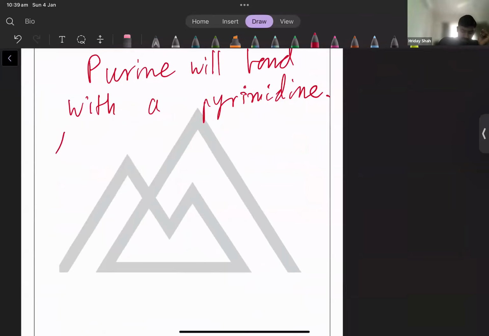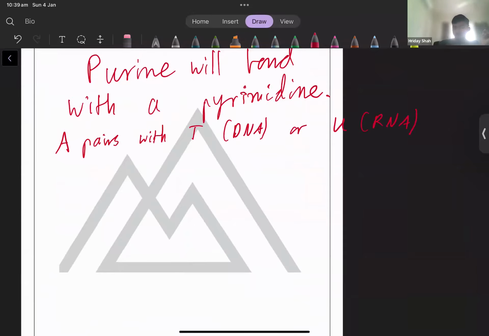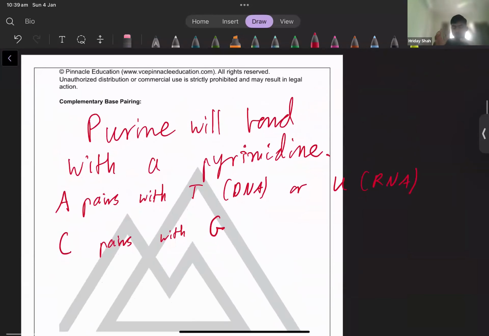So adenine pairs with thymine for DNA or uracil for RNA, whereas cytosine always pairs with guanine. This idea that one specific purine will always bind with one specific pyrimidine is what we call complementary base pairing.